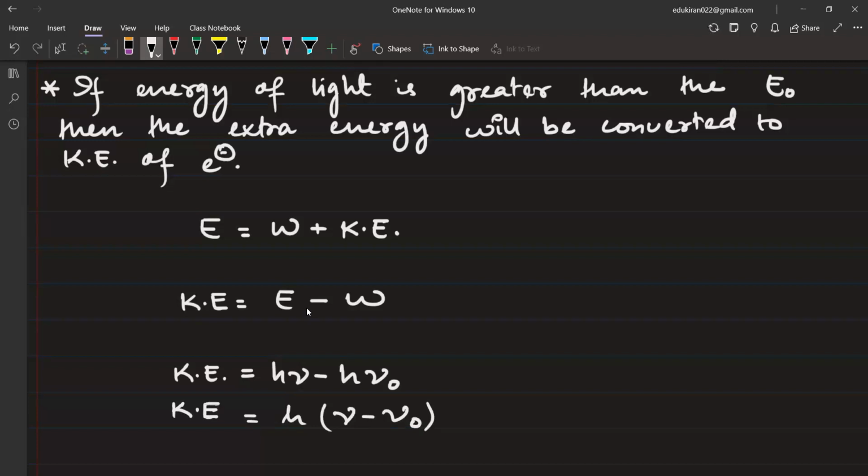Kinetic energy of the electron that is being ejected after the photoelectric effect is equal to h multiplied by nu minus nu naught. Done everyone? Yes or no, please tell me. Done, sir.